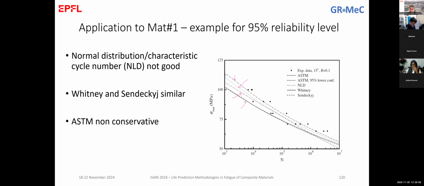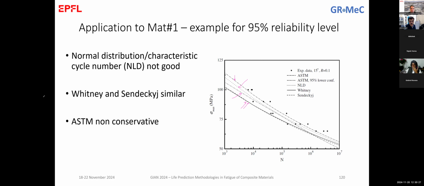This is the line for Whitney and Sendeckyj, 95%. We see that they are similar because they are more or less based on the same wear-out model. The model that they both follow is the model established by Halpin and Kim in 1975-6. So it's a wear-out model, and that's why both of them give similar results.